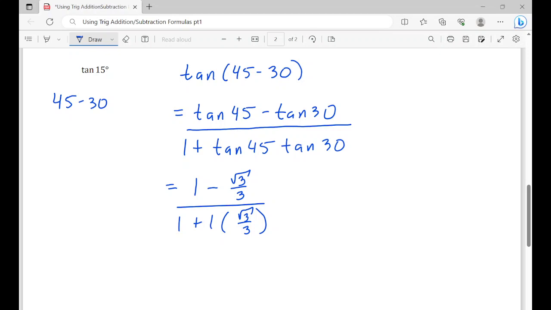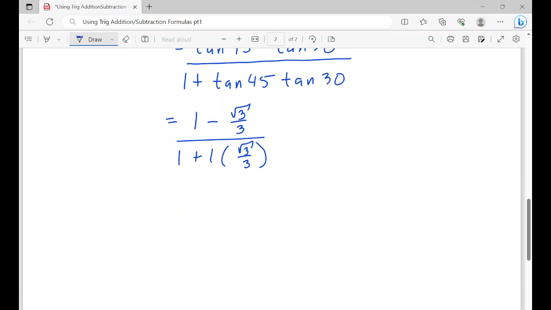And so this isn't going to do as a simplified answer, so I'm going to make it look a bit nicer. So get an LCD up top, get an LCD in the bottom, and when I do that, I'm going to end up getting 3 minus root 3 over 3 for the top, and the bottom 3 plus root 3 over 3.